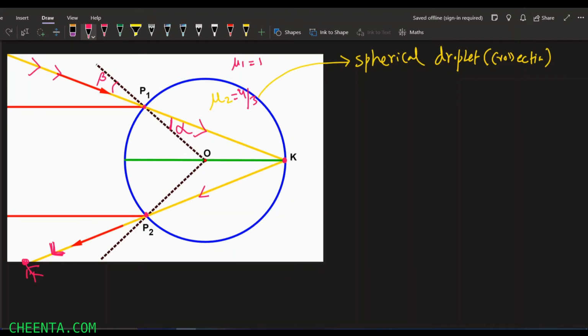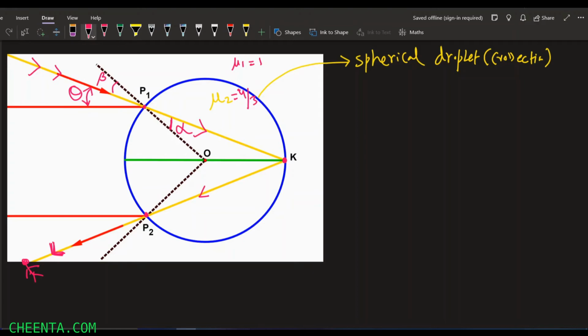In the problem you are asked to find the angle between these two rays. So what is the angle between these two? Let's suppose that the angle between the sun and the horizon is theta. I hope it is clear.